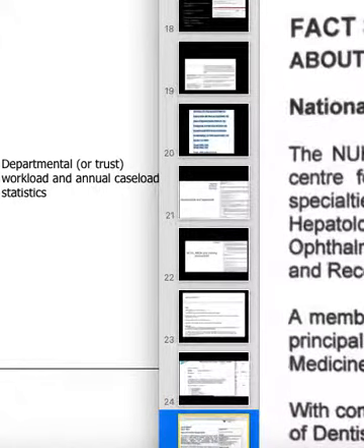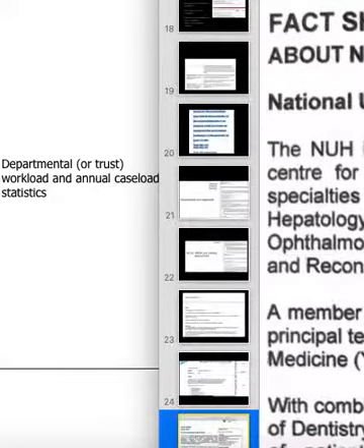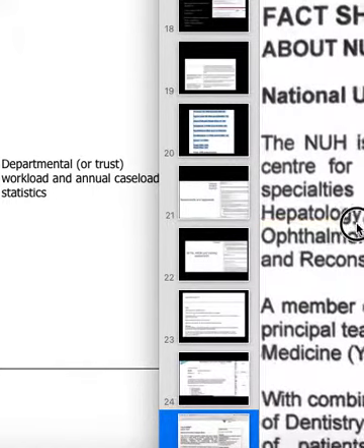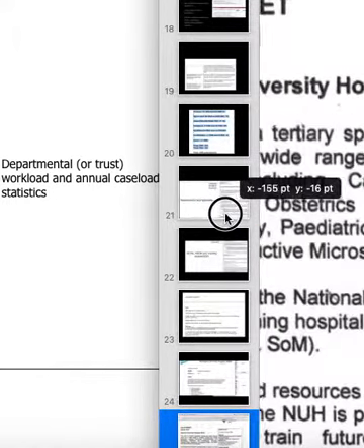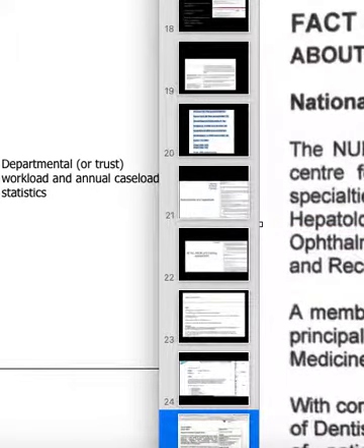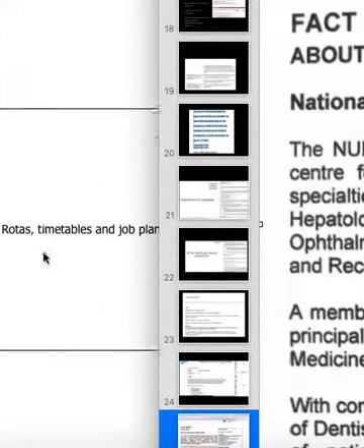Whichever hospital you work in will have something like a fact sheet, and this fact sheet will tell you about its inpatient and outpatient numbers, theater numbers, elective, emergencies, admissions, etc. You can get these from each hospital you have worked in. If you have worked in only one or two, it will be pretty straightforward. Your line managers should have these details.